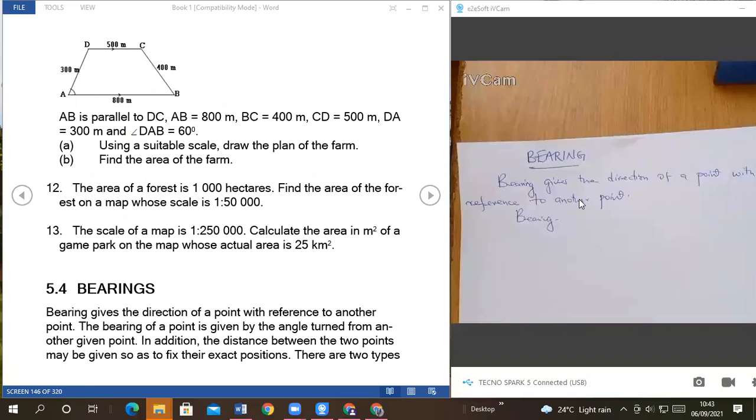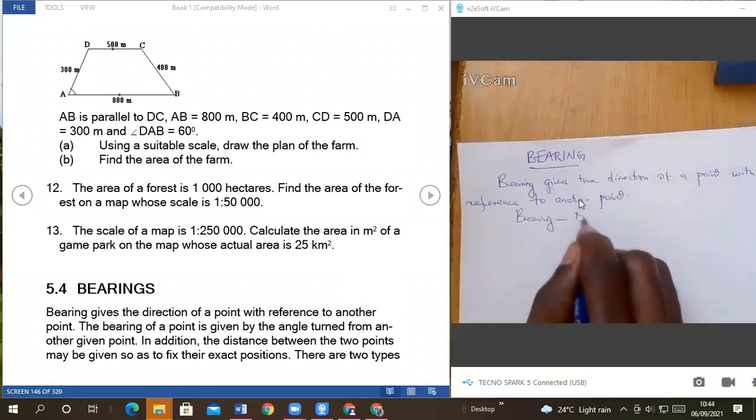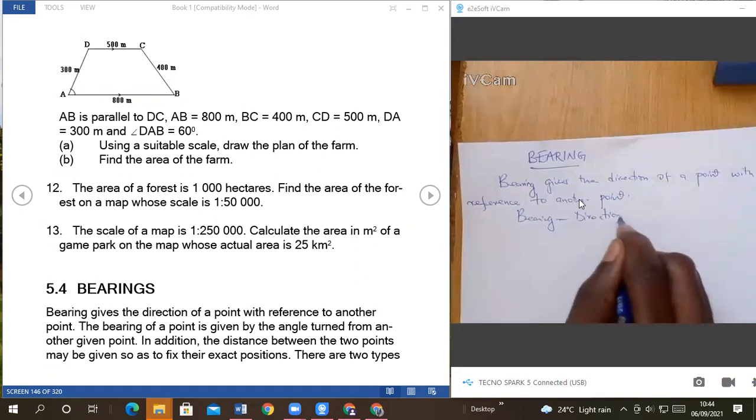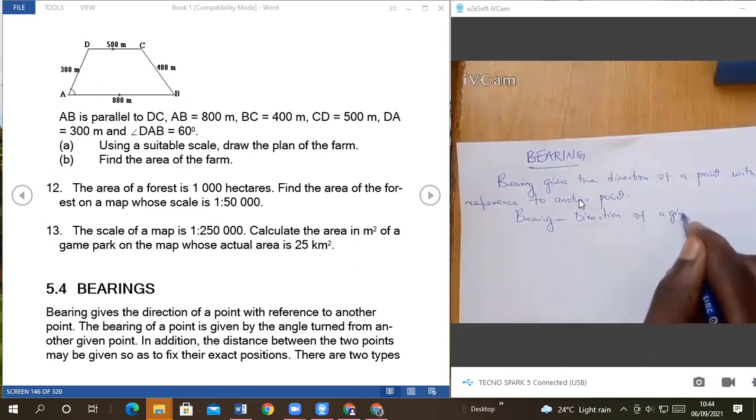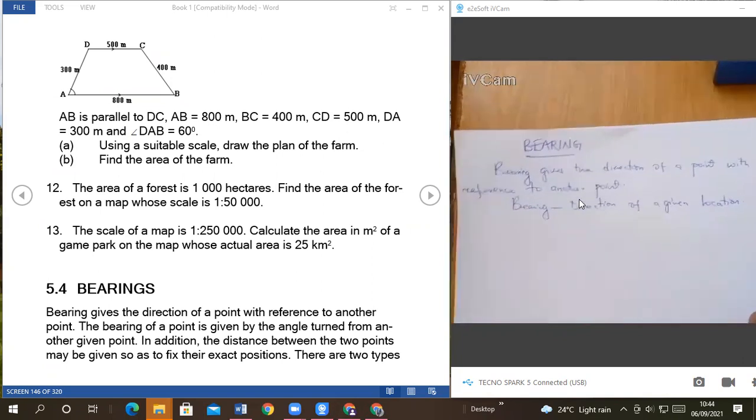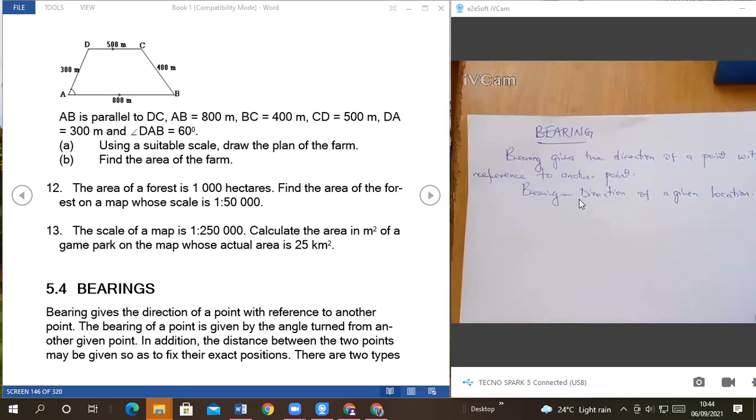Bearing is all about giving the direction of a point of a given location. So we said bearing of a point is given by the angle.